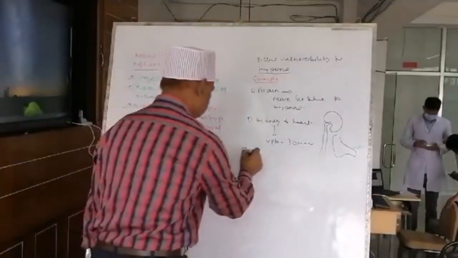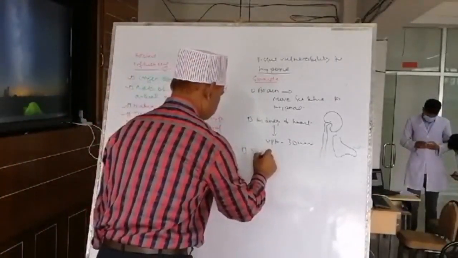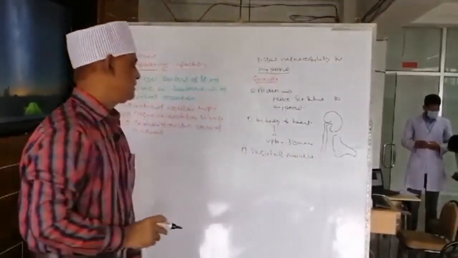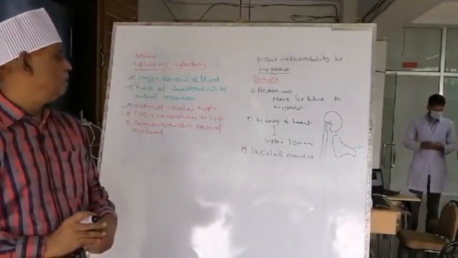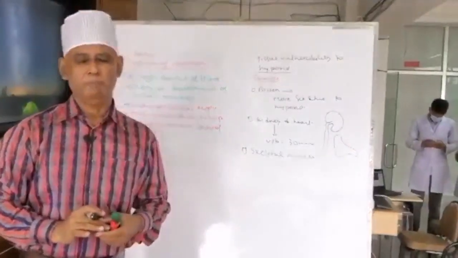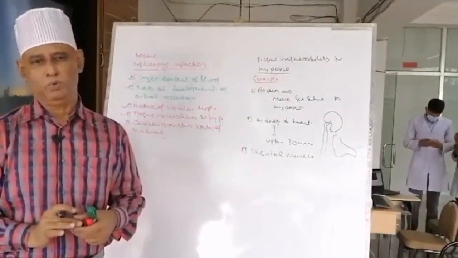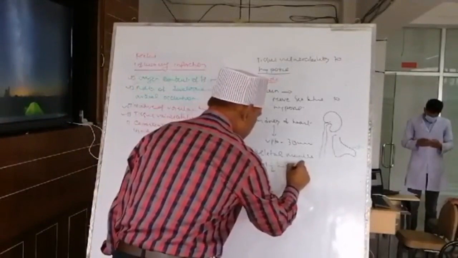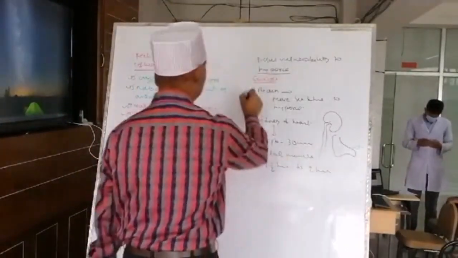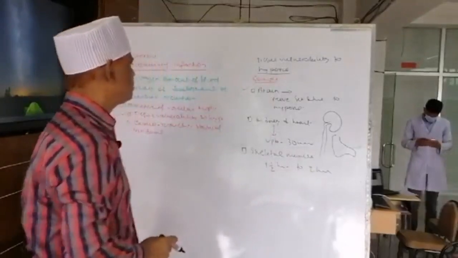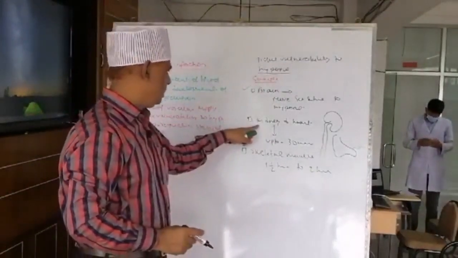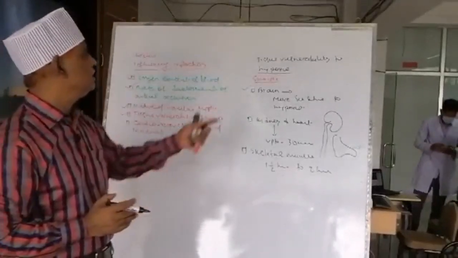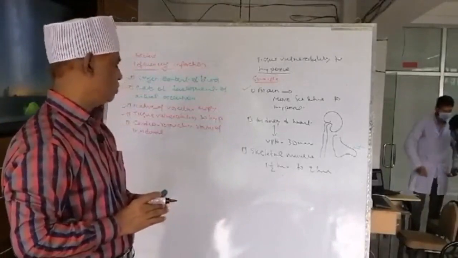Skeletal muscle can tolerate hypoxia or ischemia up to 1.5 to 2 hours. So our brain is very sensitive to hypoxia, kidney is less sensitive, and skeletal muscle is least sensitive to hypoxia. This is tissue vulnerability to hypoxia.